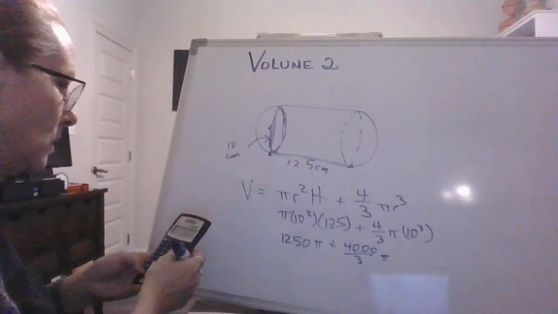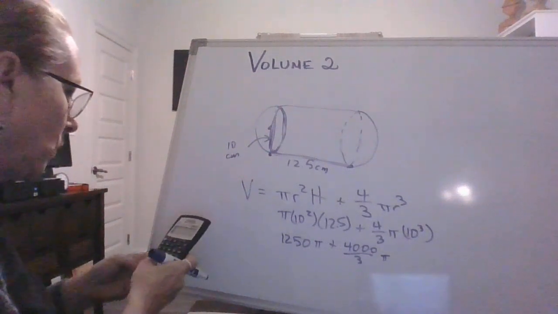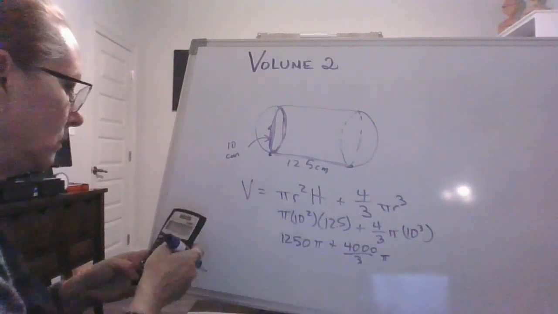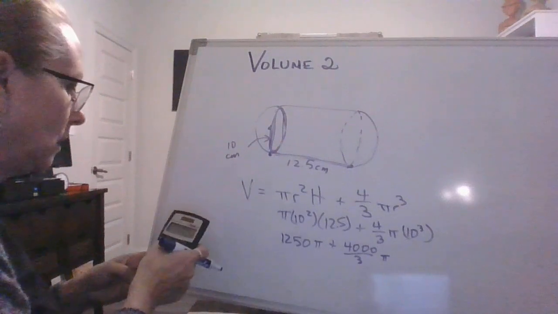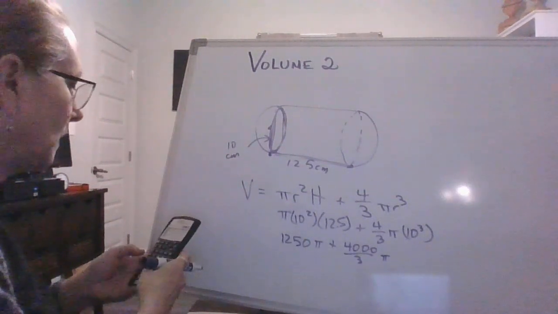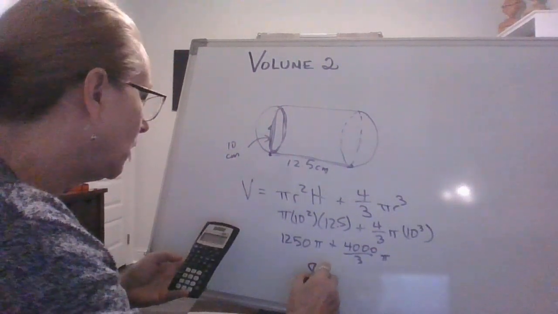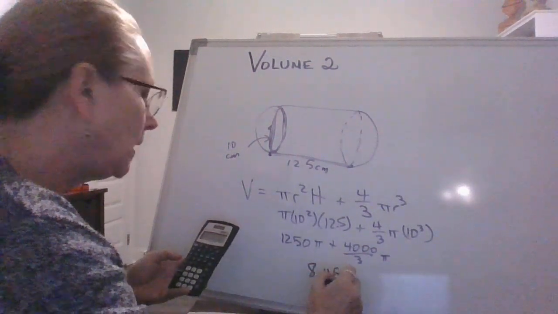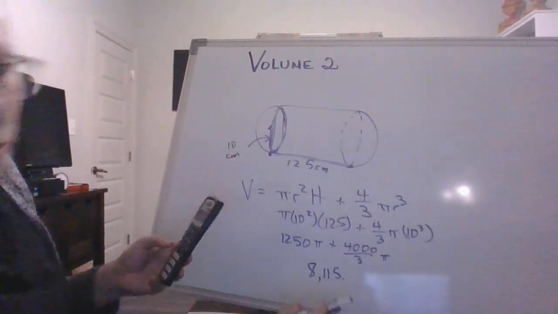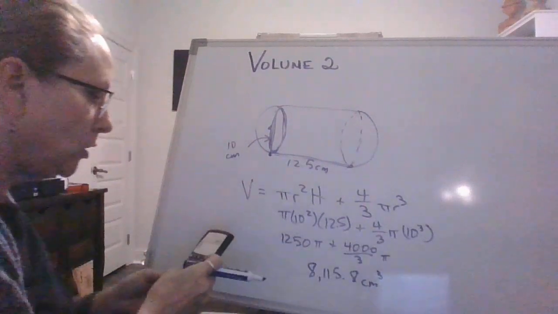So I'm just going to put those together: 1250 plus 4,000 over 3, and then times pi. And I get 8,105.8. I think it's rounded to the tenths. It is. And that is centimeters cubed.